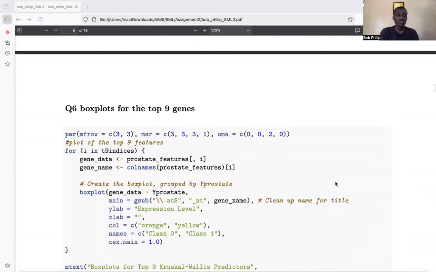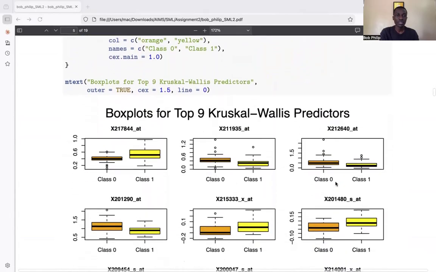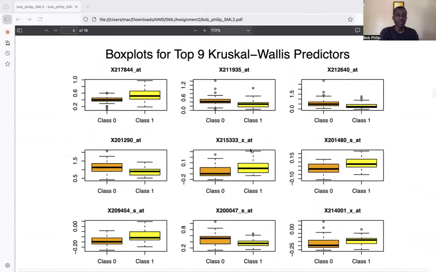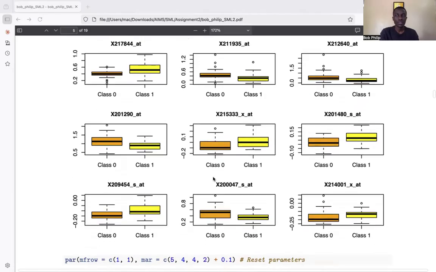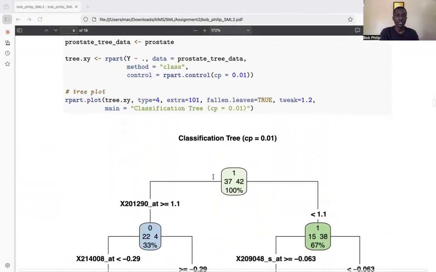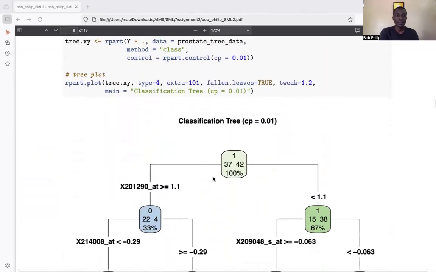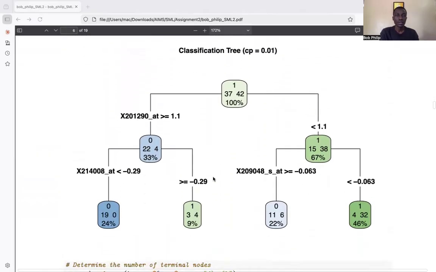Box plots to visualize the top 9 predictors. You can see their means are well distributed and they are not at the same level. So this is good. And just to look at a classification tree of the 9, you can see I had these X to 290.